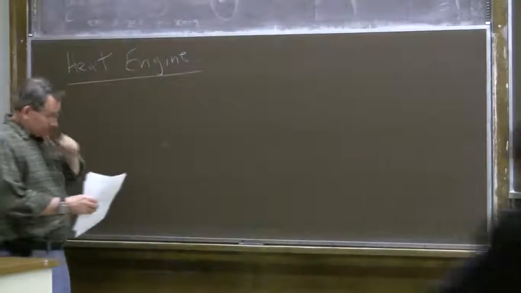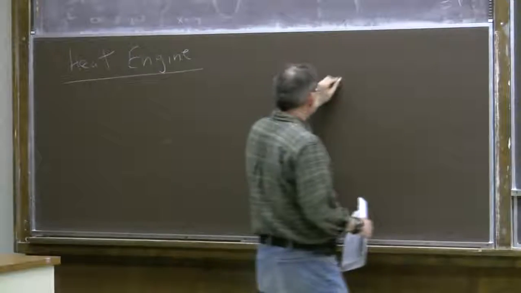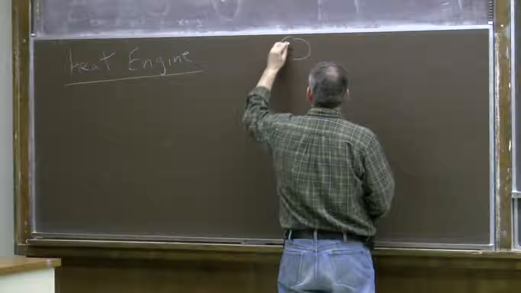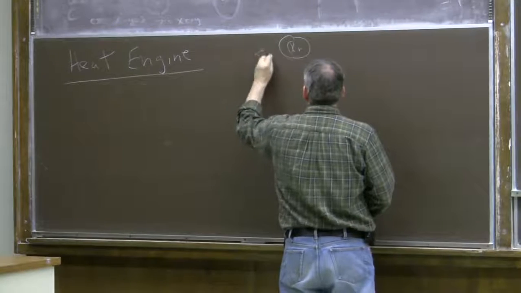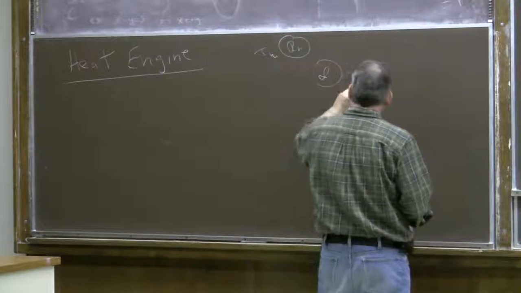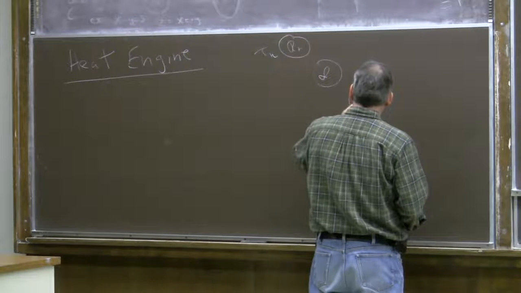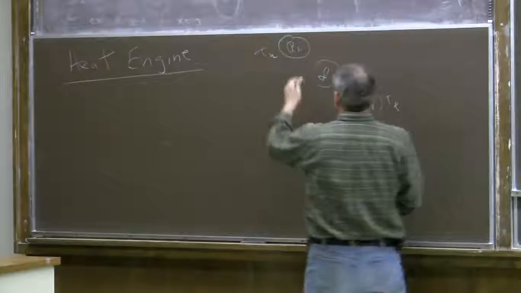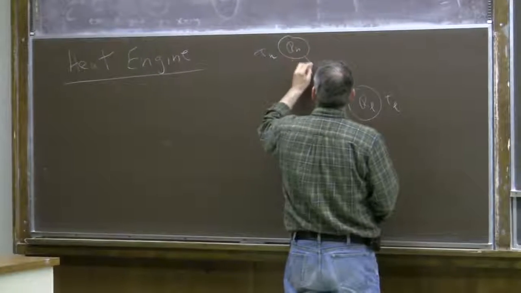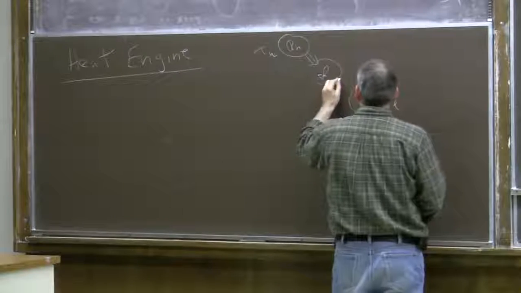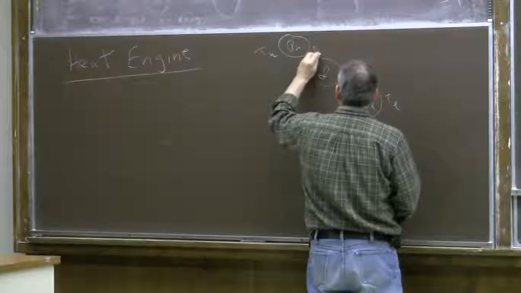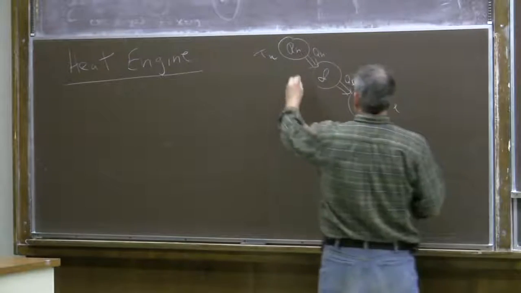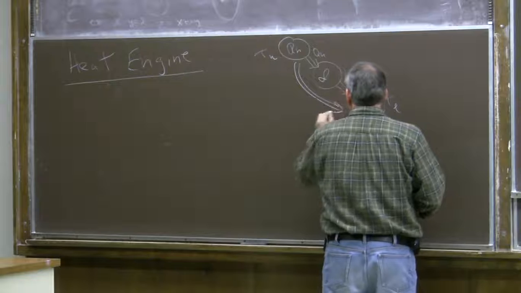That is, we considered a system which can be brought into contact with either one of two reservoirs, one at a high temperature, tau sub H, the other at a low temperature, tau sub L. The heat engine takes in heat from the high temperature reservoir, releases some heat to the low temperature reservoir, so there's some heat flow from high to low temperature.